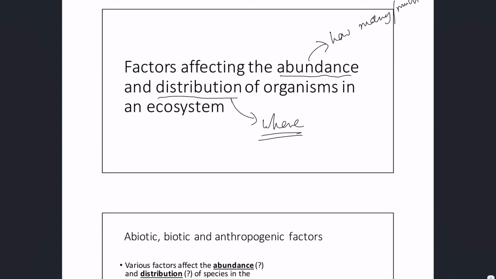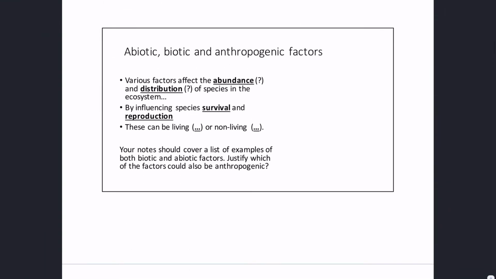Okay, so that's generally what those terms mean, and then we look at the factors. So the first key factor, number one on that list, is the abiotic, biotic, and anthropogenic factors of that ecosystem. What does that mean? Abiotic is the non-living conditions of that environment.